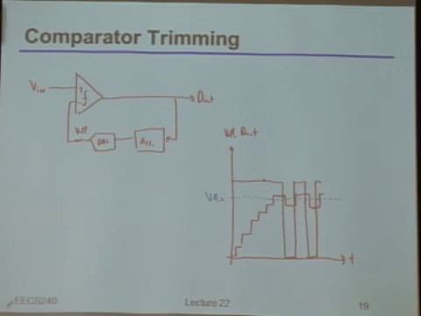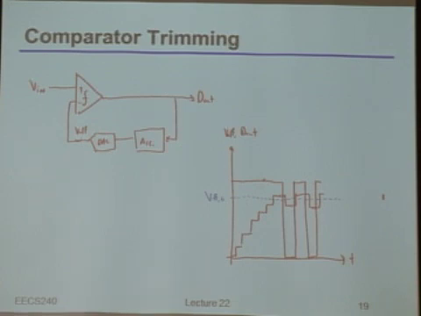Notice, even though each time my comparator was just telling me, do you need to go up or to go down, as long as the steps happening at the output of that accumulator, meaning the steps in the DAC, were small enough, once I get near that offset, I'm just going to sit there and do what's called dithering around that code, or in other words, around that value. Because each time the comparator will just say, go up, go down, go up, go down, and I'll be sitting right along where I wanted to be.